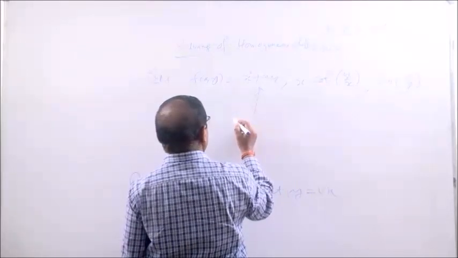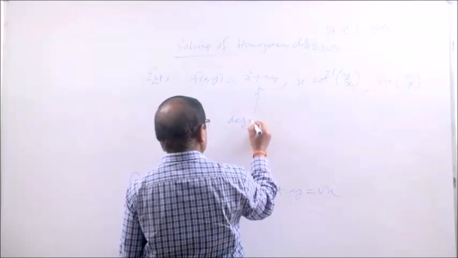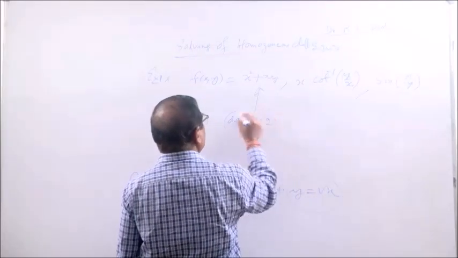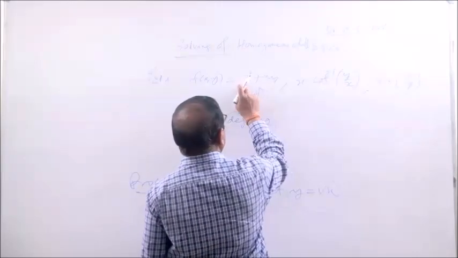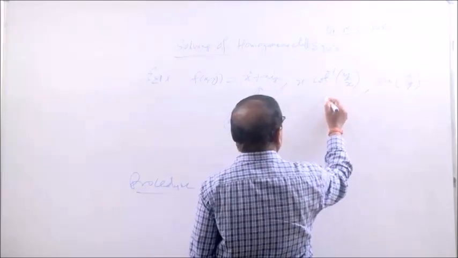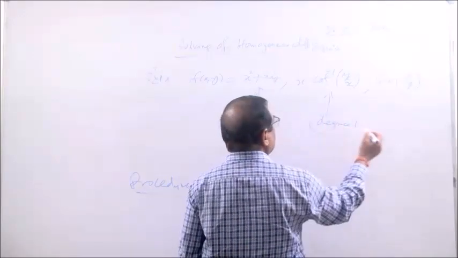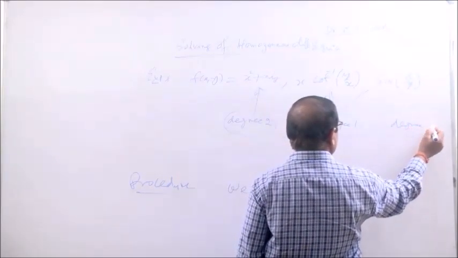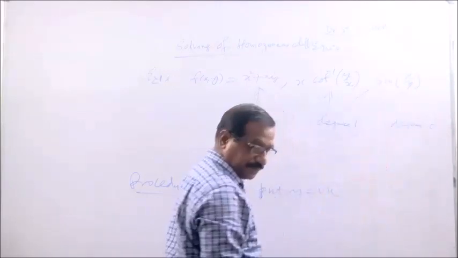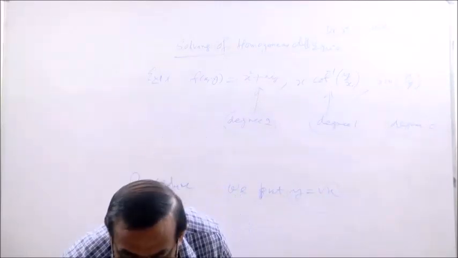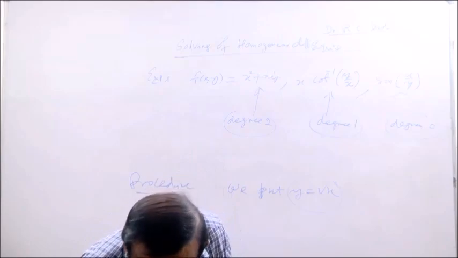This is degree 2. You see, x square, you add this here, degree 1, and this is degree 0.